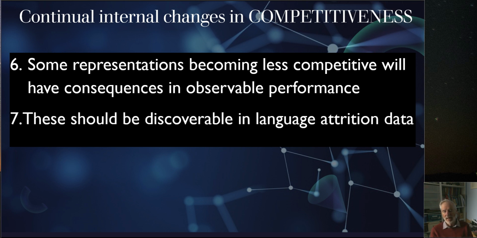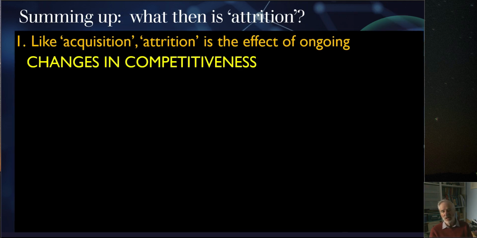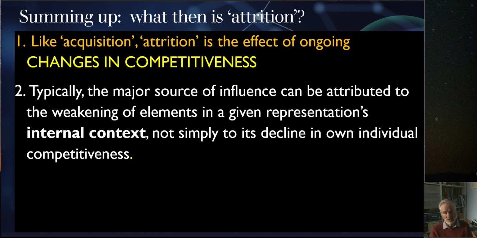And if you look at the language attrition data, these changes should be discoverable, but using the modular cognition framework you have a way of talking about it, and it's a very specific way with quite a lot of detail. So summing up, what then is attrition? It's like acquisition, it's the effect of ongoing changes in competitiveness. And typically, the major source of influence can be attributed to the weakening of elements in a given representation's internal context, not simply to its decline in its own individual competitiveness.